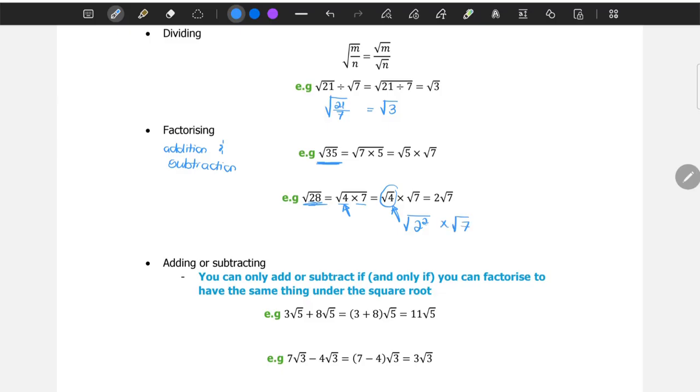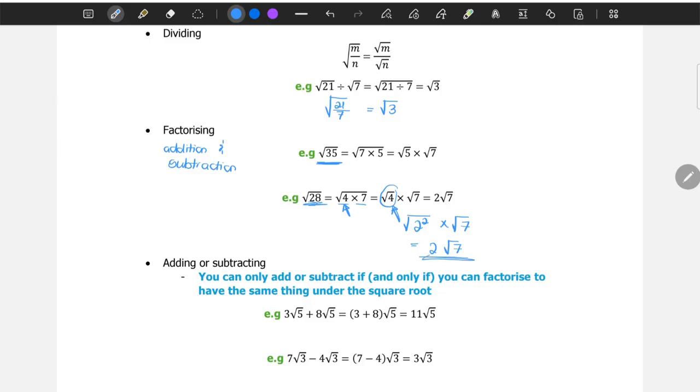And 2 squared means that we can remove the square root because it's 2 being repeated. That's what squared means. And then square root means to the power of half. So then we can remove the square root in that format. So that just means the square root of something being squared is the square of that number. So that's going to be 2 square root of 7.